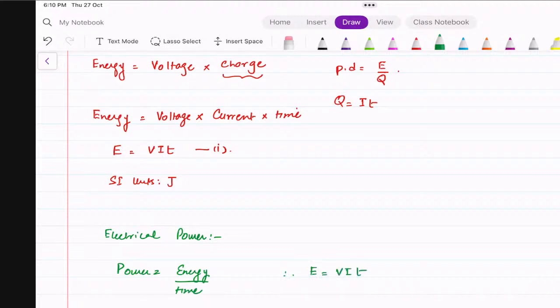So power will be equal to V, I, T over T. So T and T will cancel out. So power will be equal to VI, and that's what we need to remember. Let's write in words as well. So power is equal to voltage times current. If you have any questions here, please let me know.